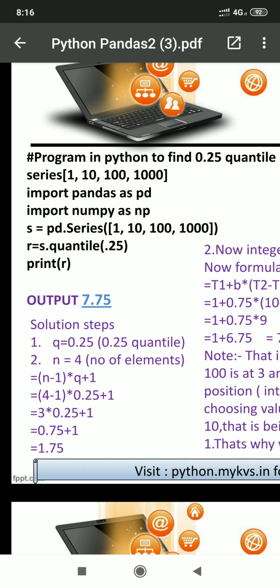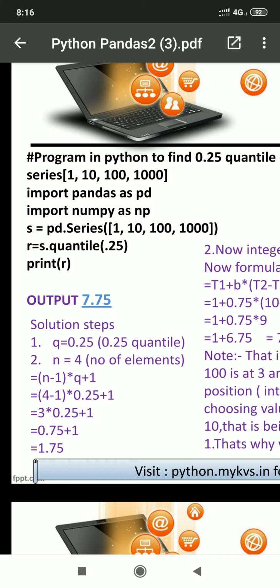We have 4 different numbers: 1, 10, 100 and 1000. So 25% will be at, look here, 1 is at the 0% position, 1000 is at the 100% position. So we cannot say 1 is directly above the 0%. Now next, 10 and 100.